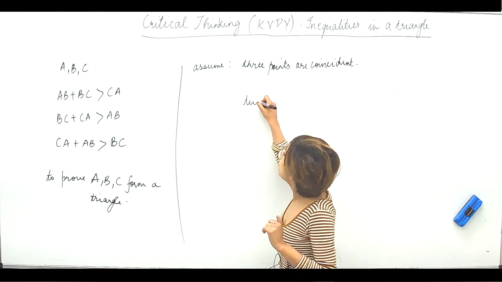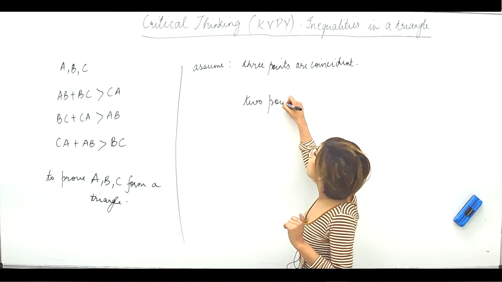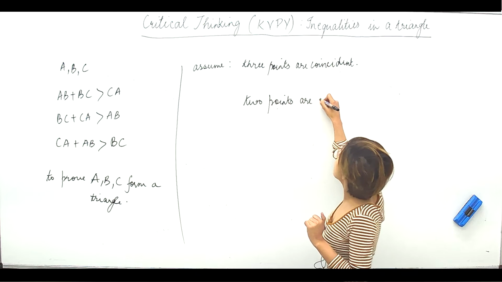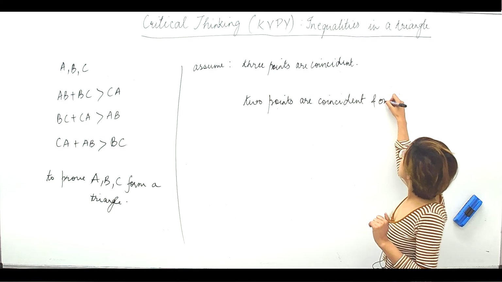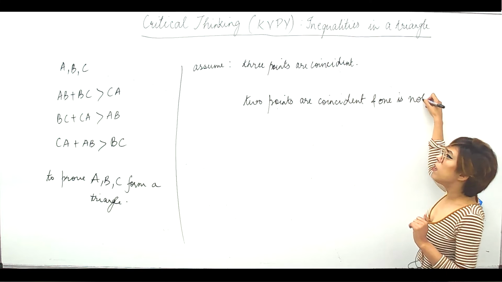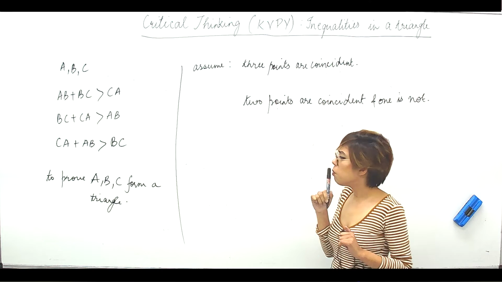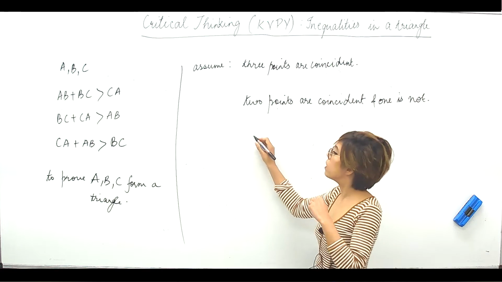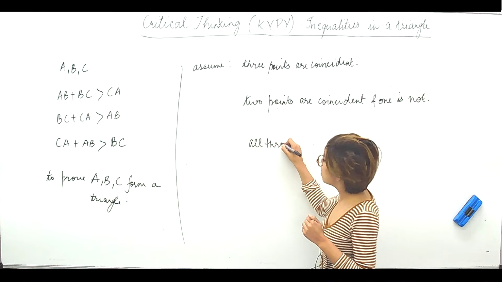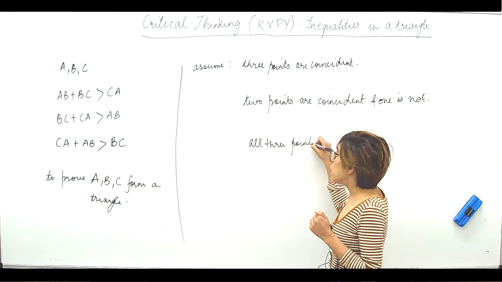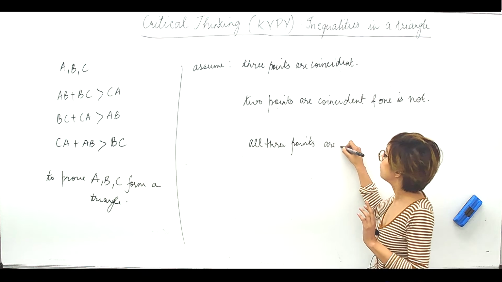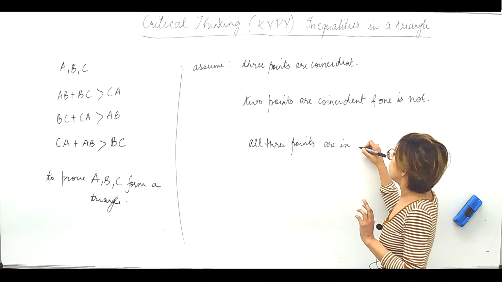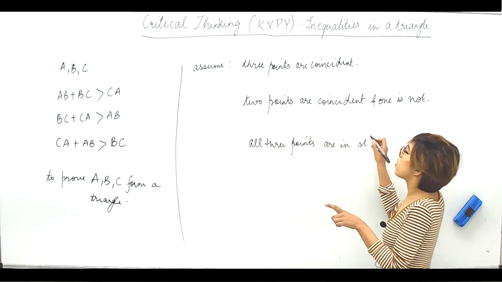Second one will be 2 points are coincident and 1 is not. What will third be? All 3 points are collinear, or I can say they lie in the same straight line.